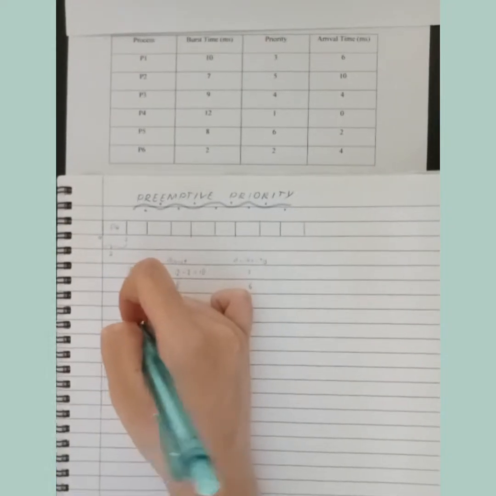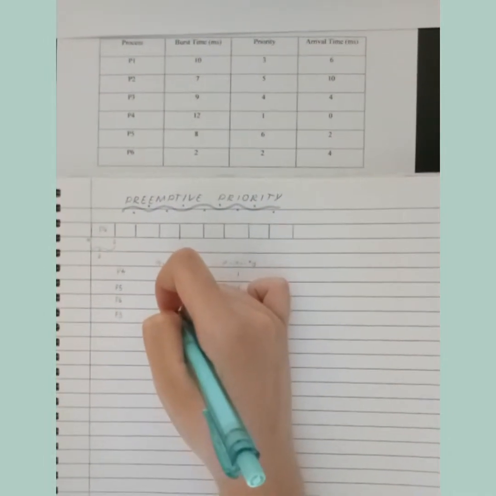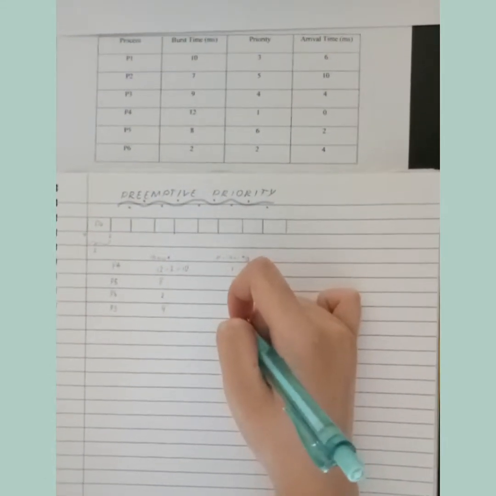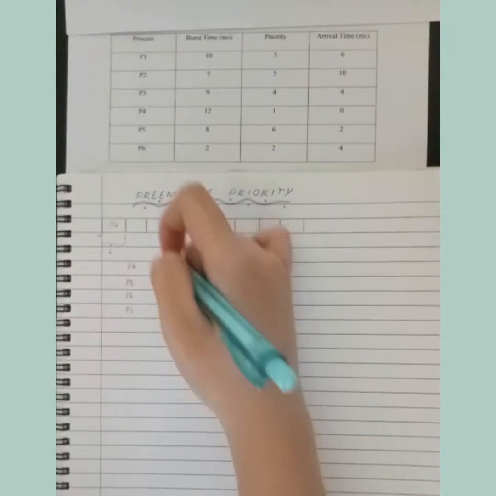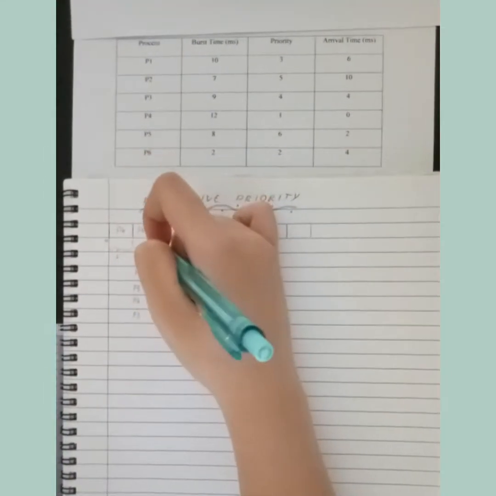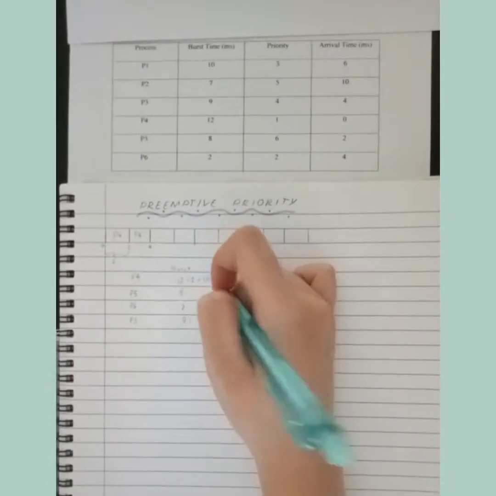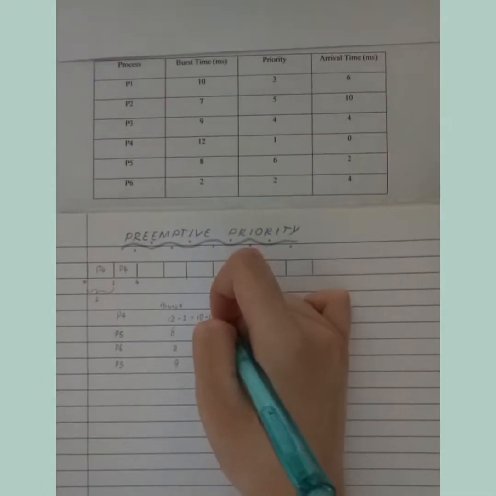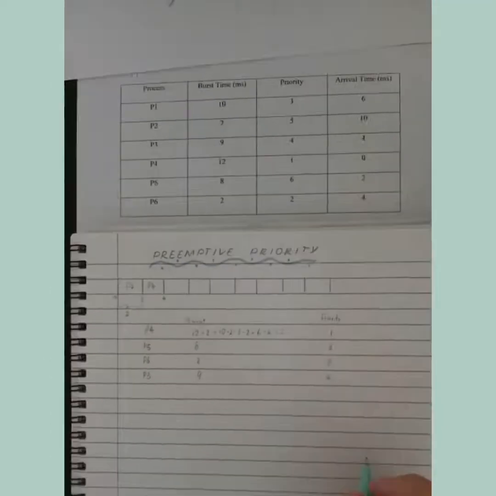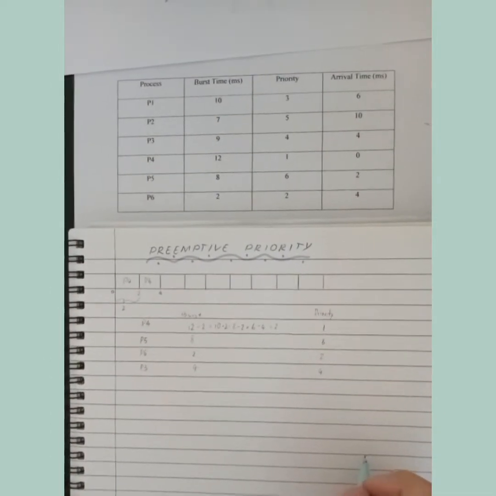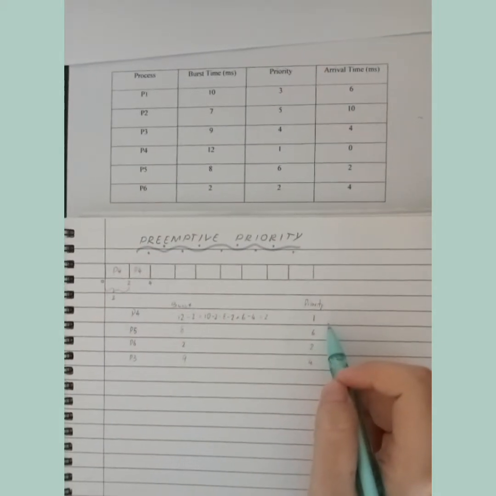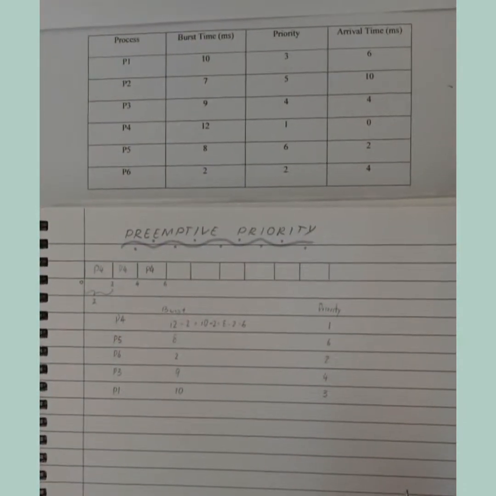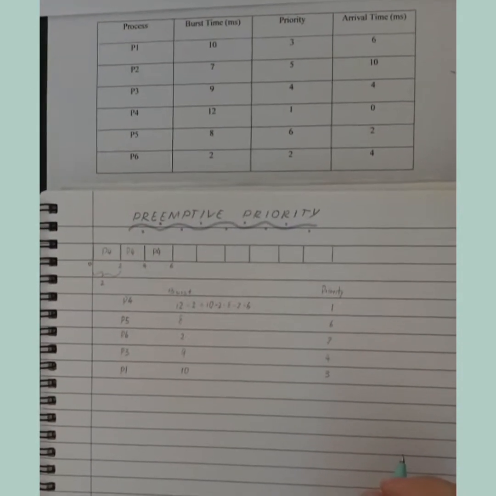Because they arrive at the same time, we could choose the one with the lower priority value, and update the Gantt chart 2 ms to 4 ms. P4 is 10 minus 2, 8 ms. Compared to the priority of P4, P5, P6, P3, P4 is still the most less in priority. So we continue the execution of P4.